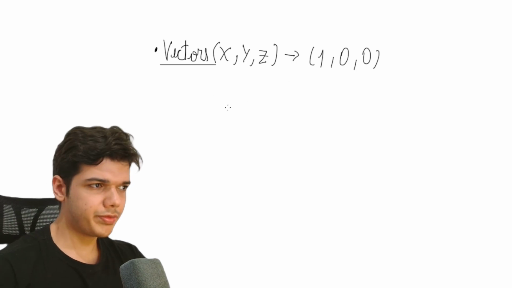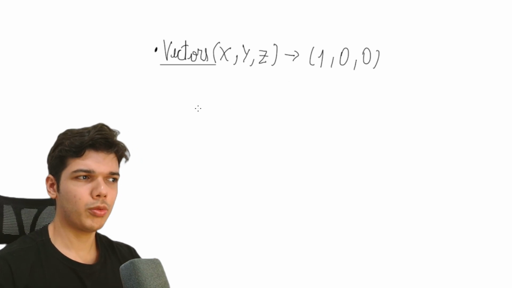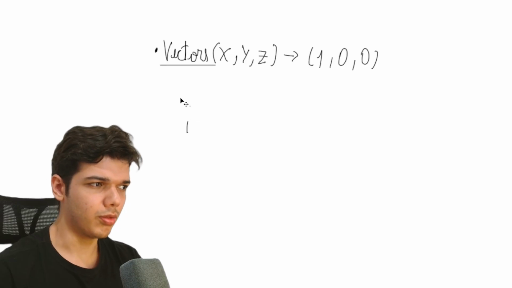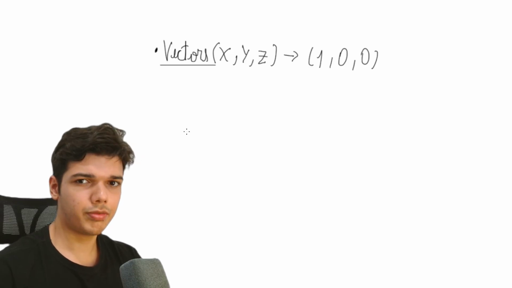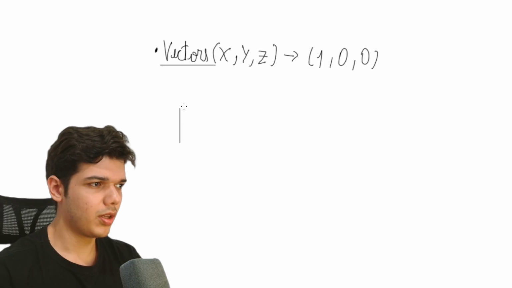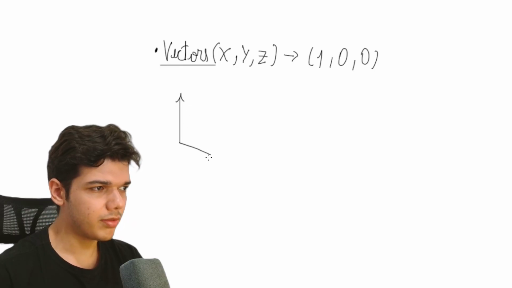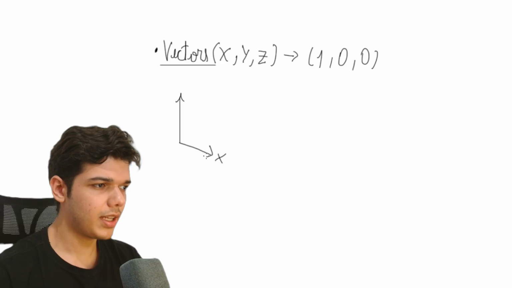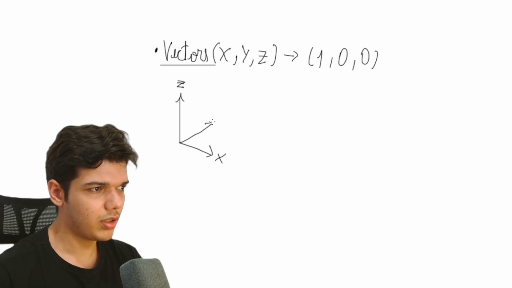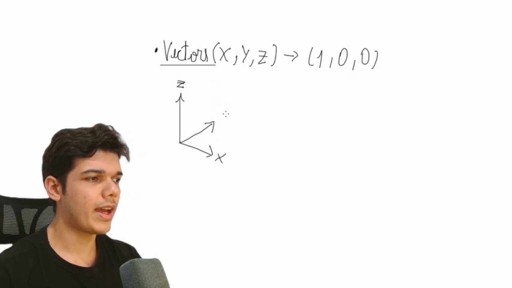I will make the visual representation of it, but we won't see it like this in Unreal Engine. It's just for comprehension. We have the z-axis, we have the x-axis, and we have the y-axis.